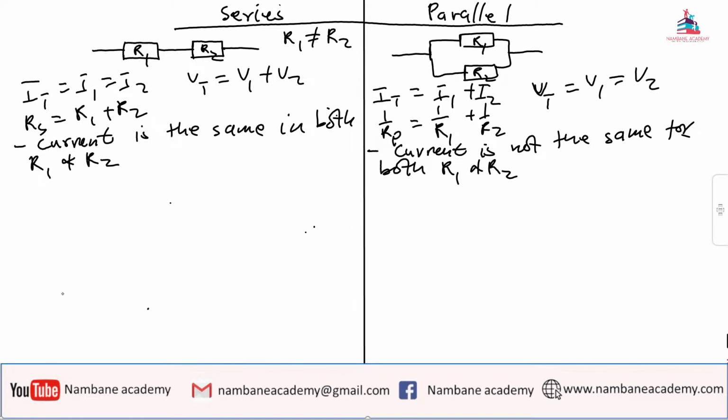So immediately now that we have a difference in terms of resistance, this makes it easy for us to know that definitely the current passing at R1 and the current passing at R2 are not the same. That is very, very important.